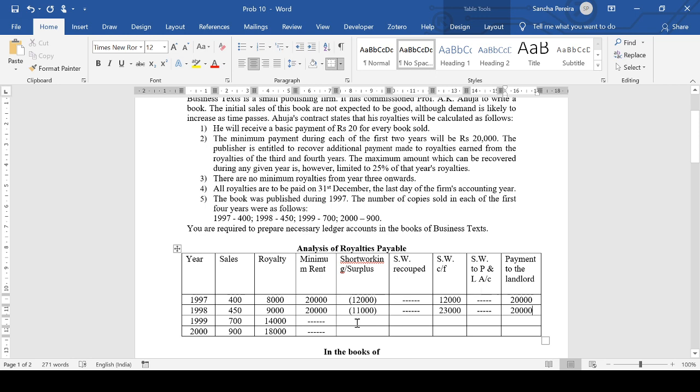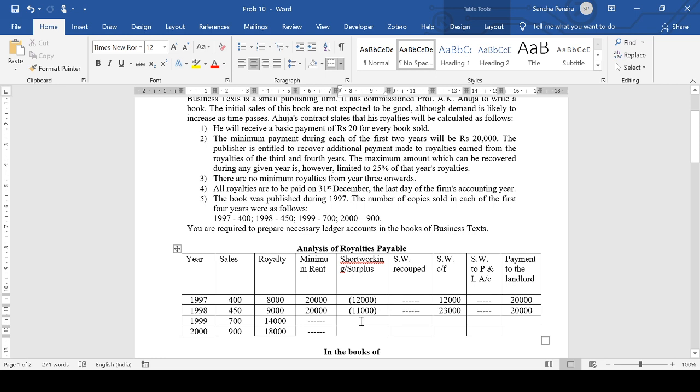Now we need to be a little careful. Actually there's no minimum rent, and if we go as per whatever we have learned in the previous problems, we would have shown the entire 14,000 as a surplus. But what they have said is at the most 25% of that year's royalties can be used for recoupment.